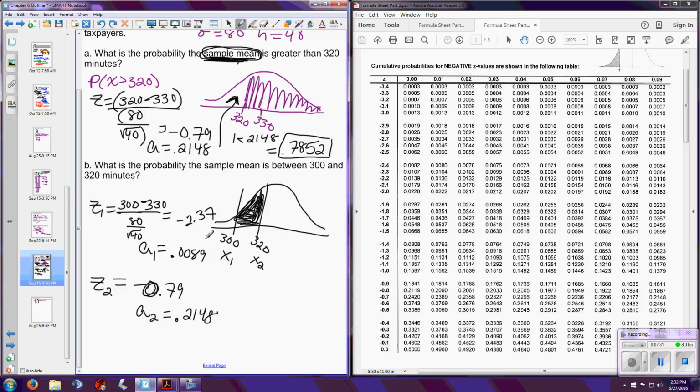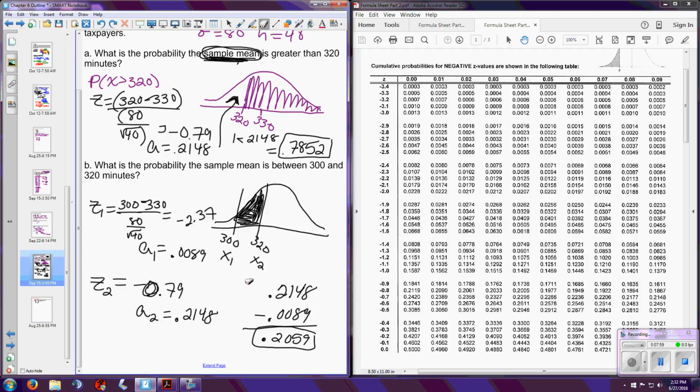And one last thing, last step, when you're looking for the area between, you always subtract the bigger minus the smaller. So 0.2148 minus 0.0089, and that gives us 0.2059. So the probability that the sample mean is between 300 and 320 minutes is 0.2059.